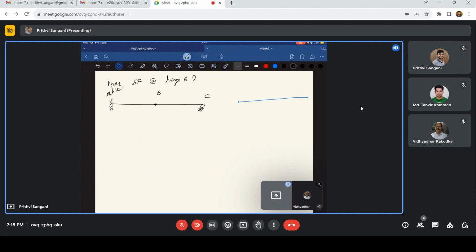Shear force at B is zero, because the complete shear force is taken by the support at A, right? So we will not have any shear force at B. Shear force at B is 0. I'm just denoting it as zero here.